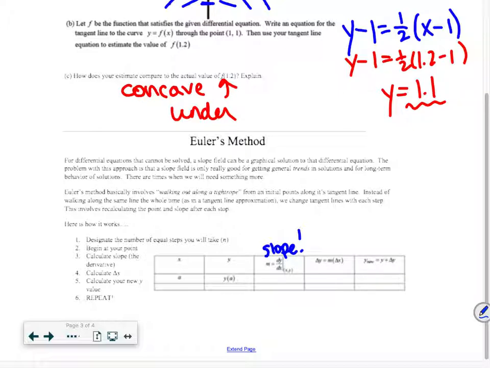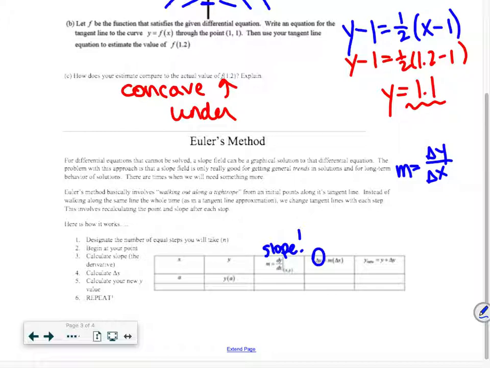We know that slope is change in y over change in x, correct? Well, if we multiply the delta x over to the m, that gives us our change in y. So we're calculating the change in y by taking our slope times our change in x.